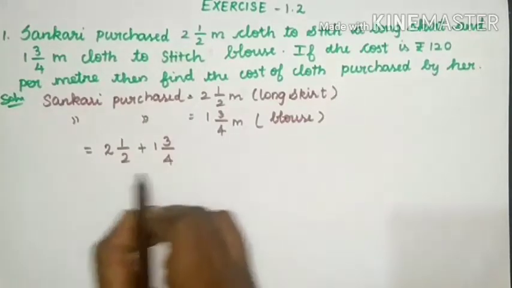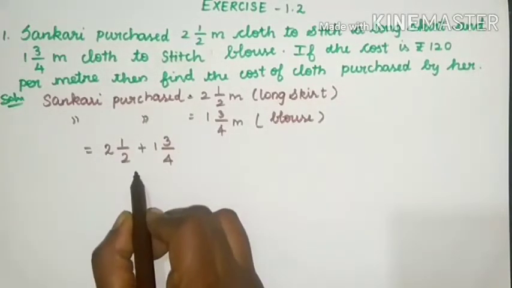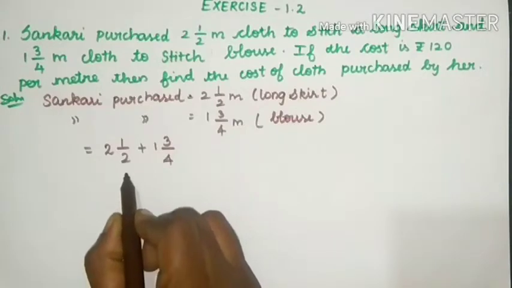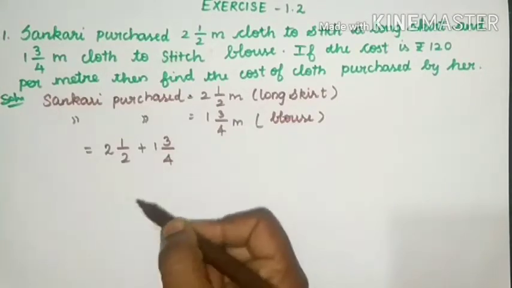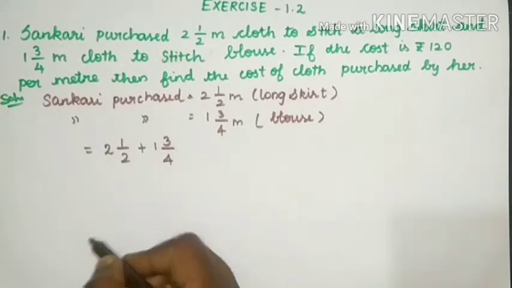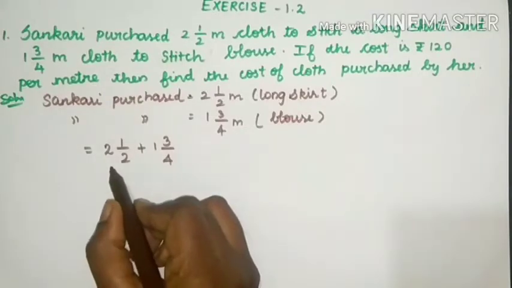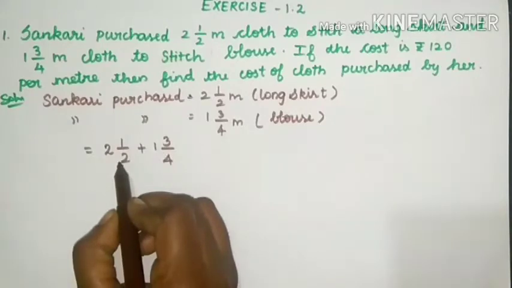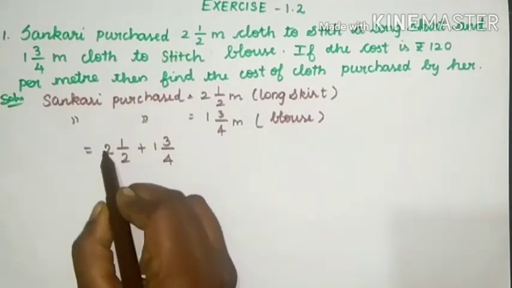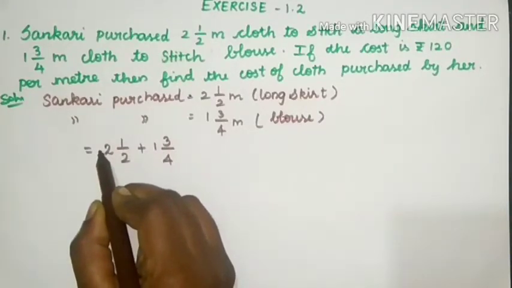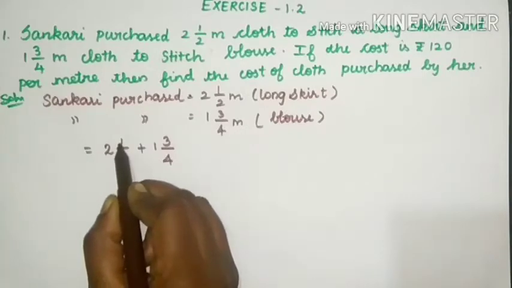Here we have the format of mixed fraction. First we have to convert this mixed fraction into, yes, improper fraction. Students, as you already know, to find the improper fraction, what you have to do? You have to multiply the denominator with the whole number and then you have to add it with the numerator.